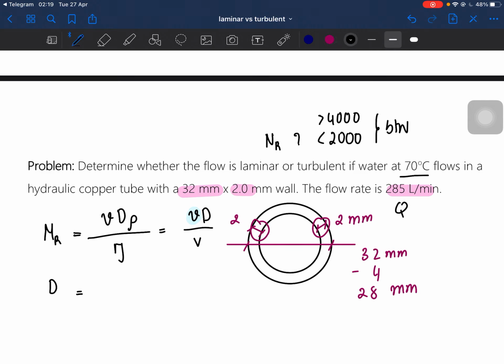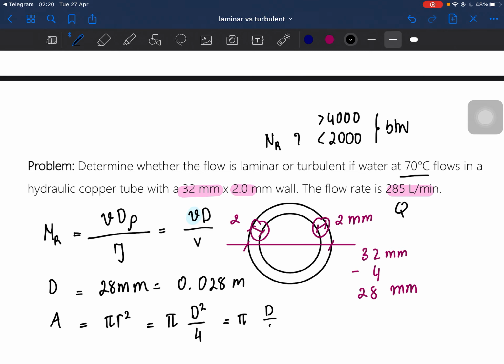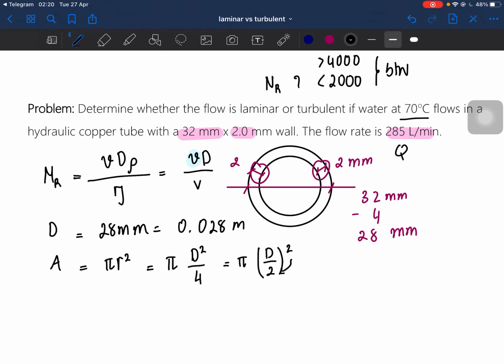So now we get this diameter. It's 28 millimeter, which is equal to 0.028 meter. And then we can find A by this formula, pi r squared, or pi d squared over 4, which is actually from d over 2 overall squared, so 2 squared is 4.